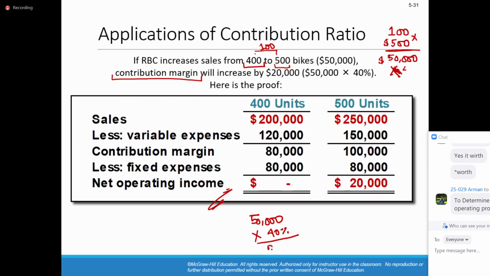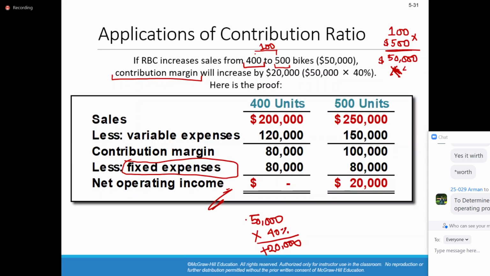We see that our net operating income will go up by 20,000, as it is plus. You see that we have not talked about anything about the fixed expenses, because it is constant or it has not changed from the changed case. So that is the reason that we are getting how much net operating profit will go up or go down for the changes in the sales unit.